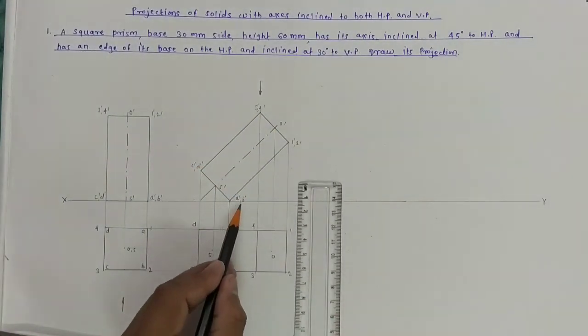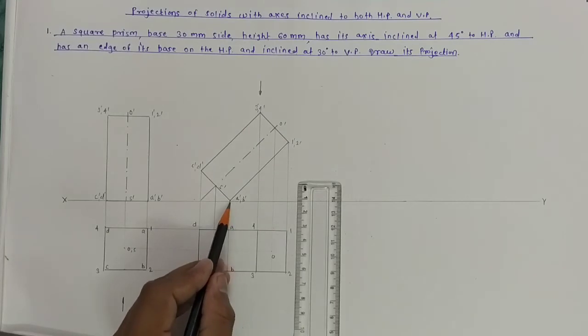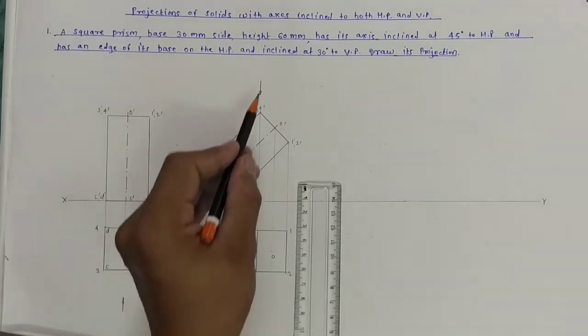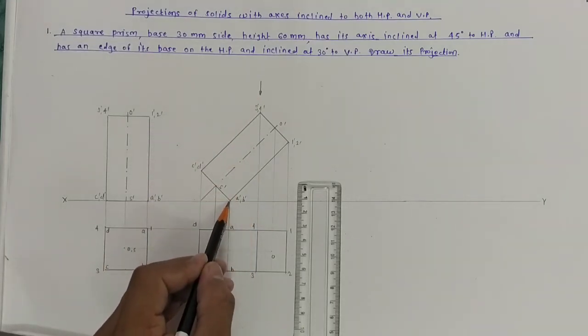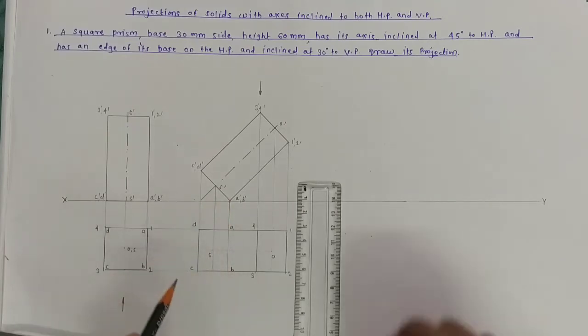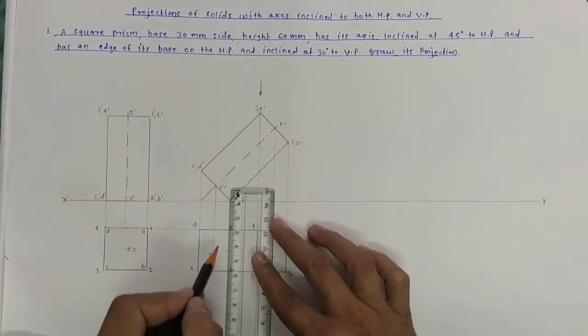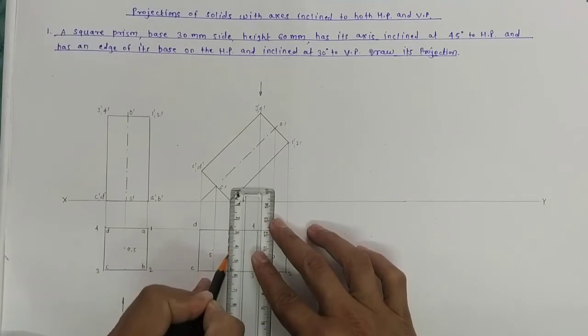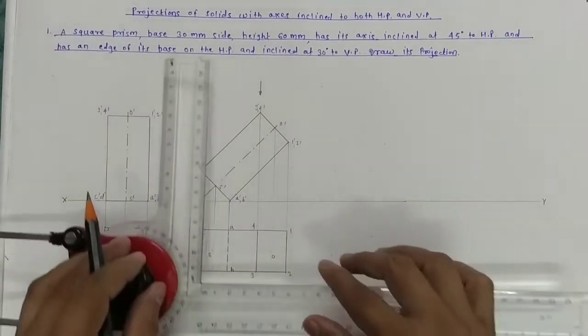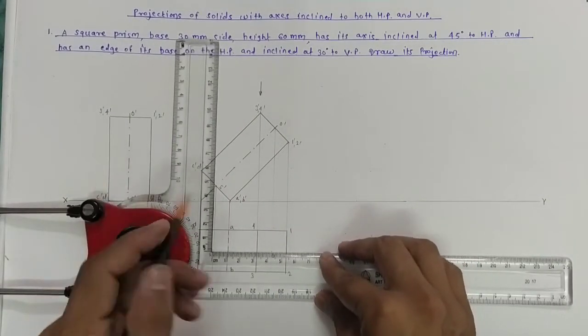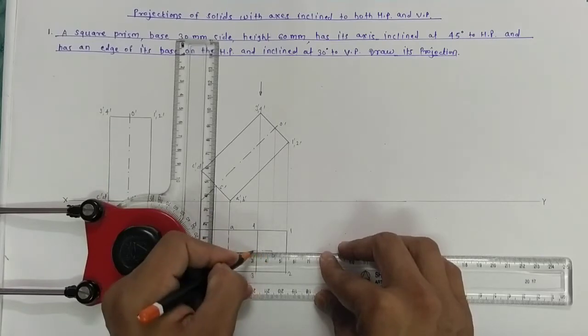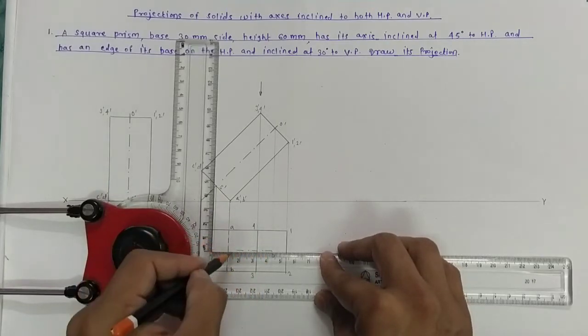Now the points a dash b dash which intersect the XY line are away from the observer, so they are represented by dotted lines. So draw dotted lines and show the axis of the square prism.